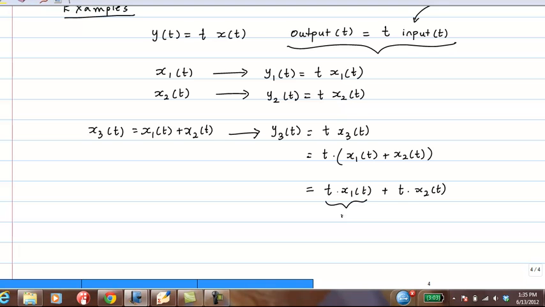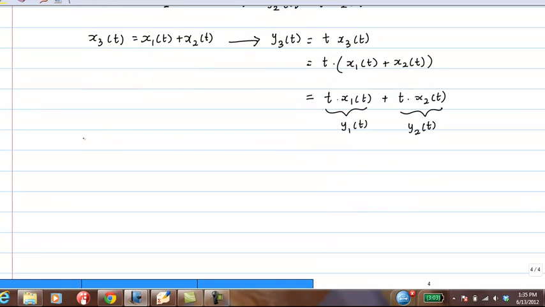But this is nothing but y1 of t, and this is nothing but y2 of t. And so the system satisfies the additive or the superposition property.